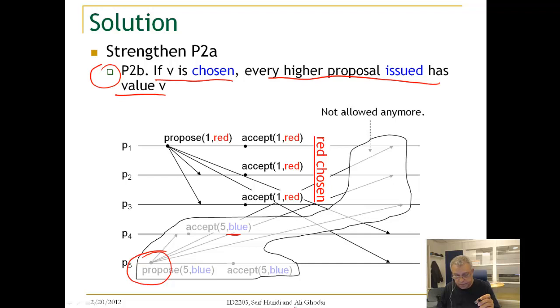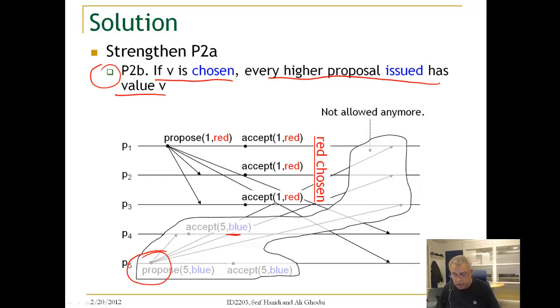Remember, before we go to that roadmap: if each value issued after a value is chosen has the value v, then every value accepted after a value is chosen will have the value v.